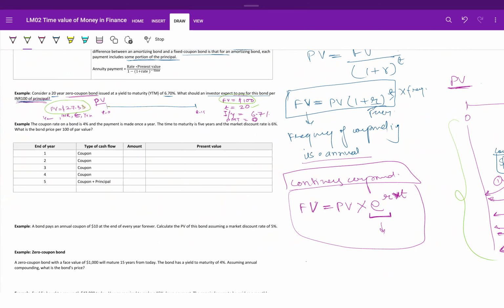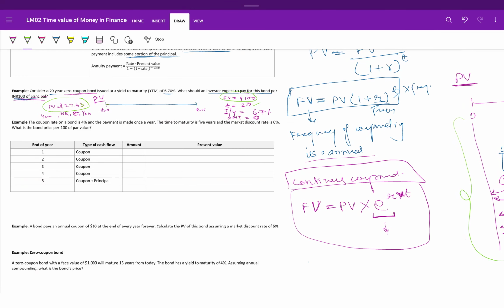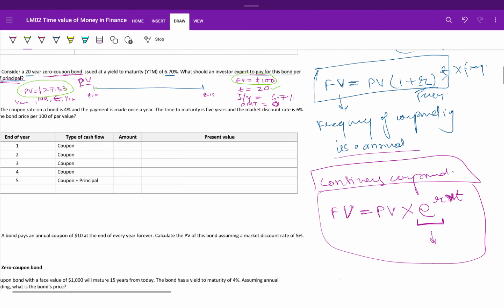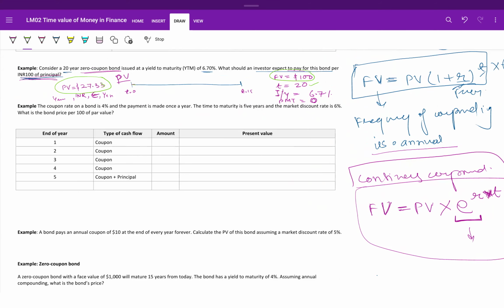And when we talk about coupon rate, let's do another question since we have discussed the theory part. So let's discuss the examples of this specific reading first. I'll try to make sure that nothing is missed. So coupon bond.